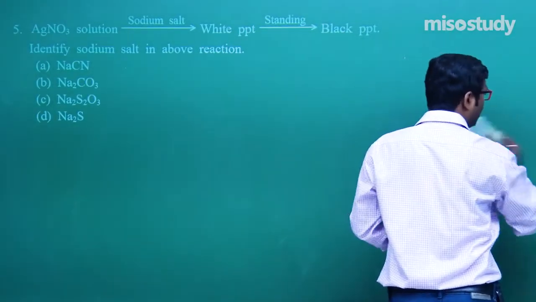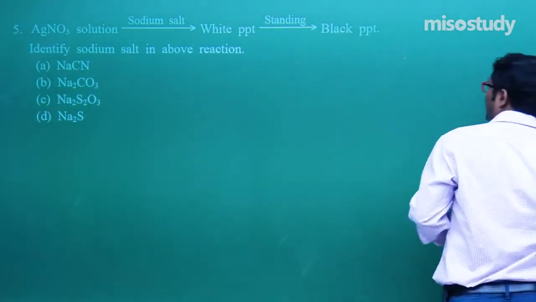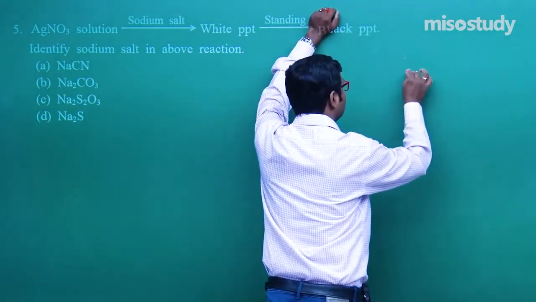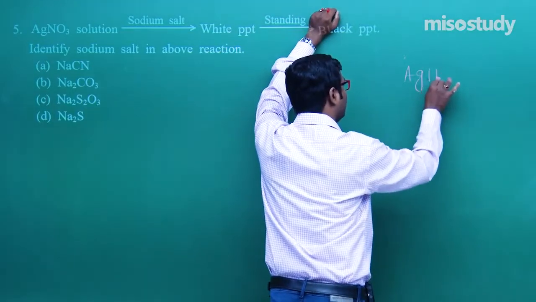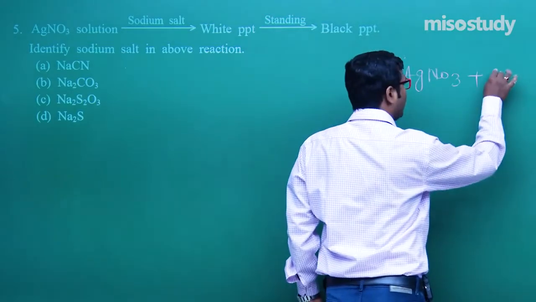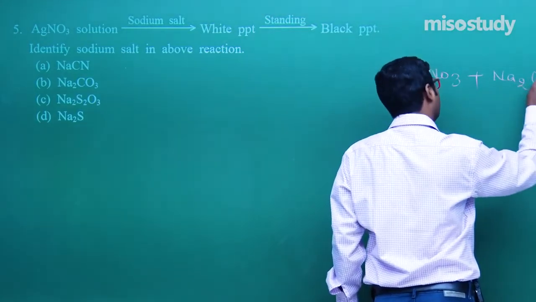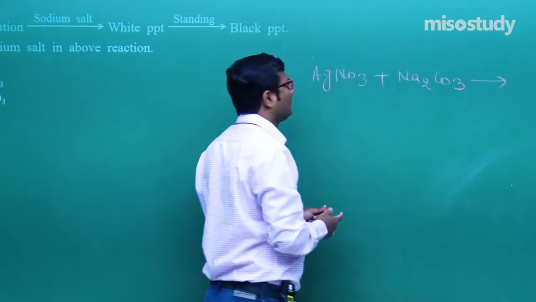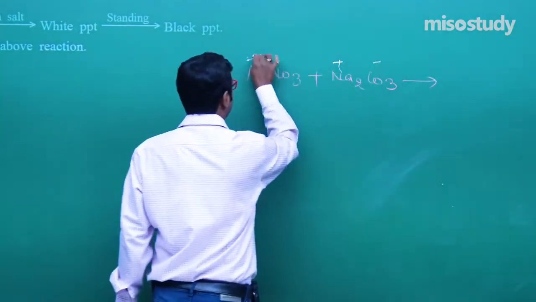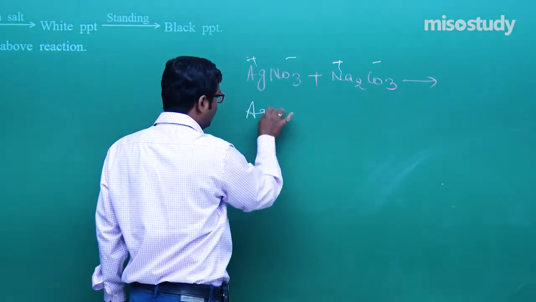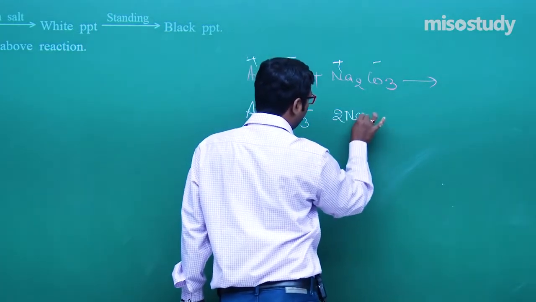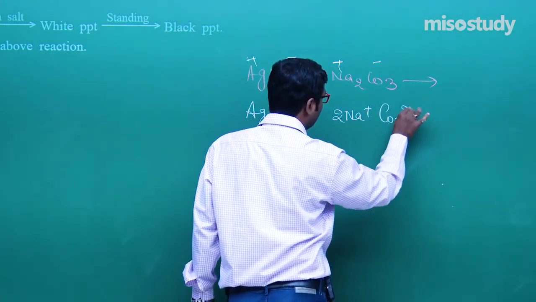Now let's check the second option, Na2CO3. AgNO3 treated with Na2CO3. What will happen? It's very simple. It will acquire plus and minus charges: Ag plus and NO3 minus, 2Na plus and CO3 2 minus.